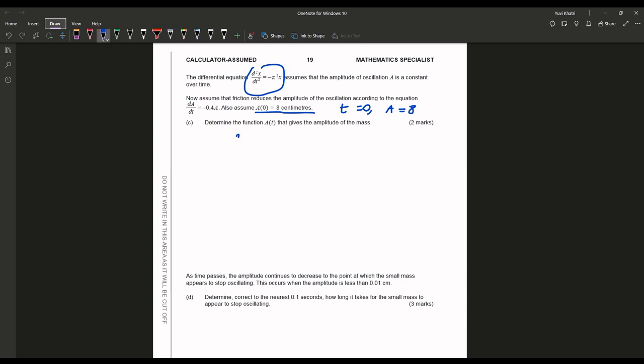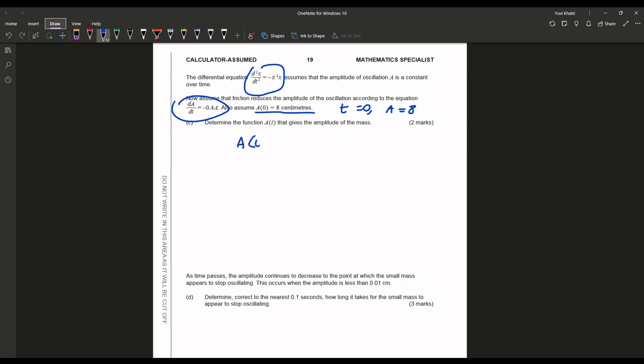And you'll remember from Methods that the differential equation in the form dP/dt equals kP has a solution P equals A e to the kt, where A is just a constant. So here, we will be solving dA/dt equals negative 0.4A.